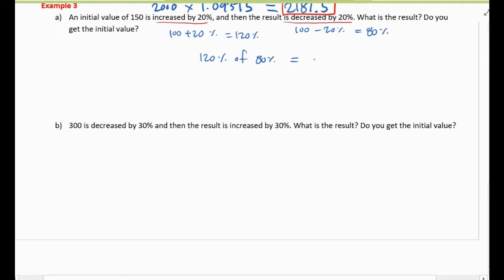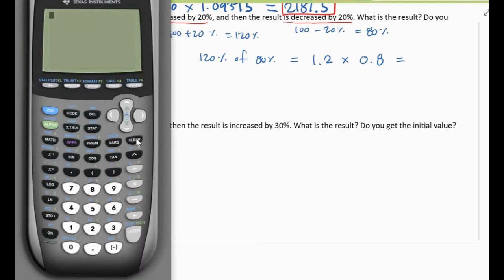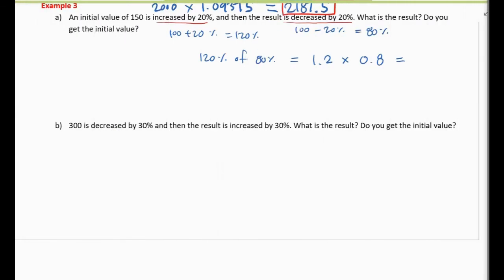So 1.20, again you can omit the 0 below the decimal point, and 0.80, same thing. Let's calculate it: 1.2 times 0.8 is 0.96.